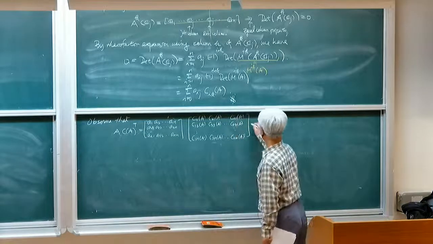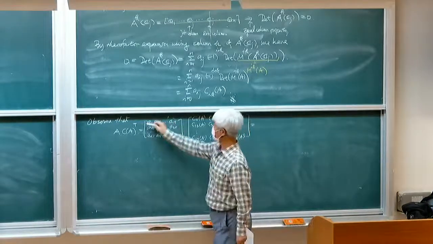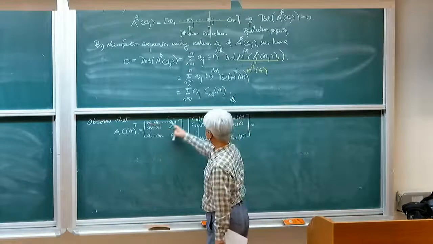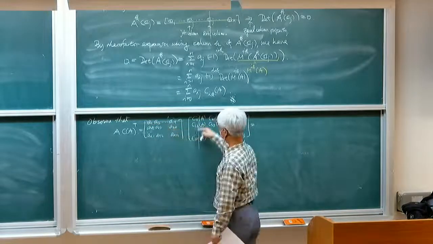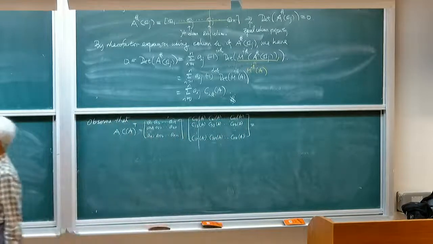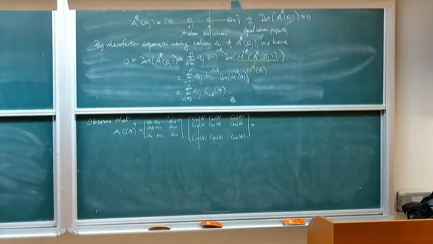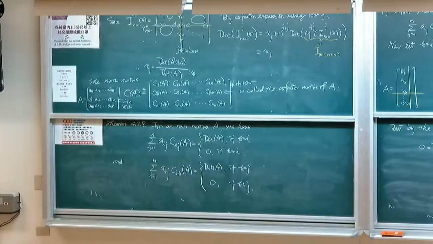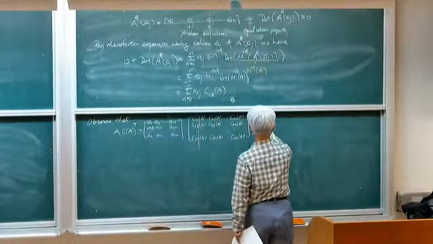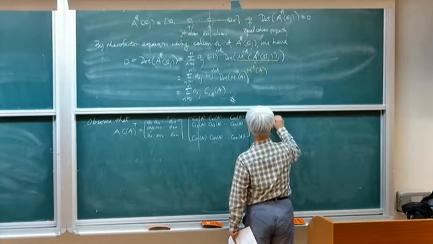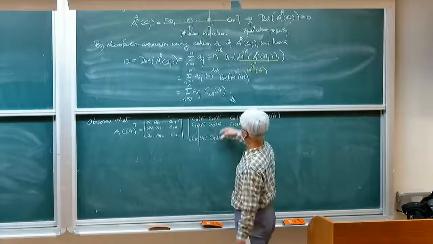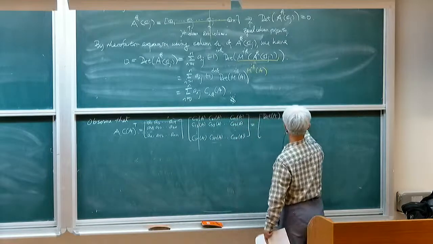Now, when you do the multiplication, you will find that the sum of this product is just equal to this case for ii. So you get the determinant of A, right? But if you multiply with the other columns, they are all zeros.